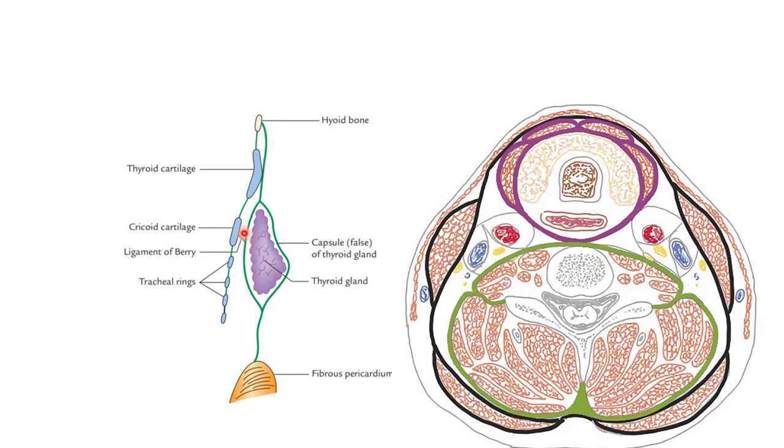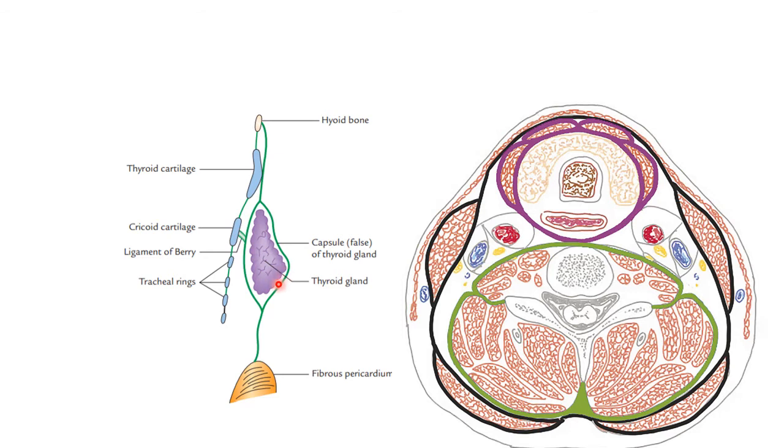And it is attached to the arch of the cricoid by a fibrous band called the ligament of Berry. This ligament of Berry connects the lateral lobe of the thyroid to the cricoid cartilage.